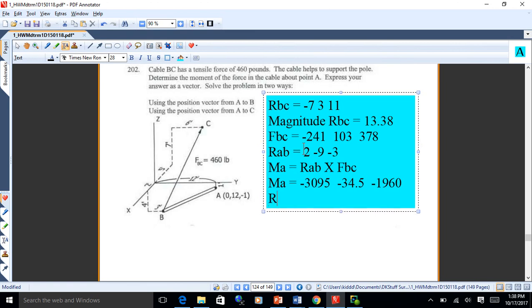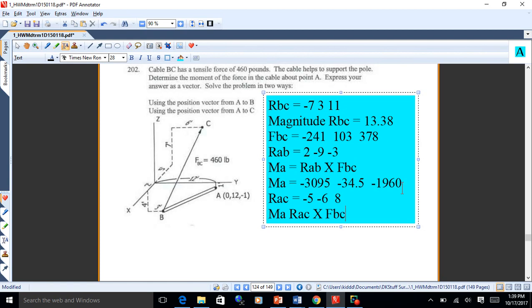All right, and then we could also use RAC for that. That would be -5, -6, 8. And once again, we get MA is equal to RAC crossed with FBC. That should get you something close to the same MA, although you might have some rounding errors there. No worries there, okay?